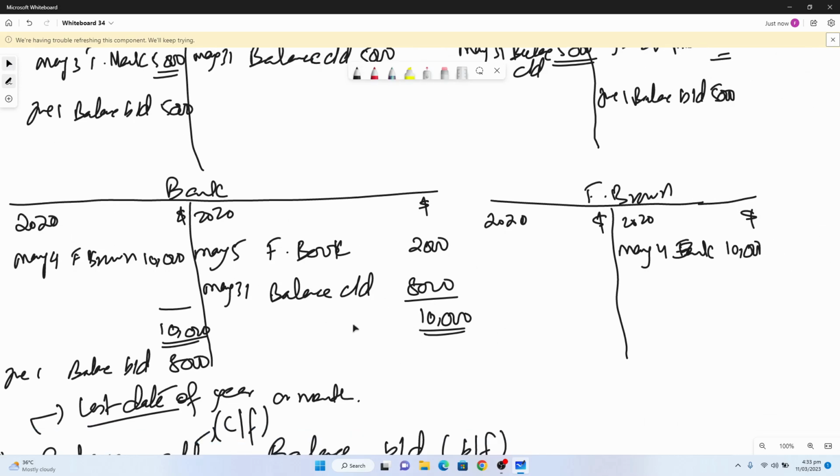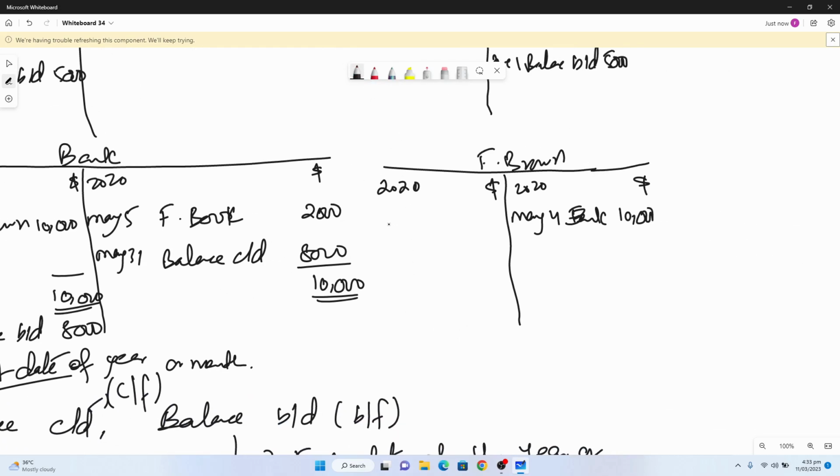This is the rule of thumb. Then we move forward: May 31st balance CD, 10,000 on the credit side, and on the debit side June 1st balance BD, and the amount is 10,000.